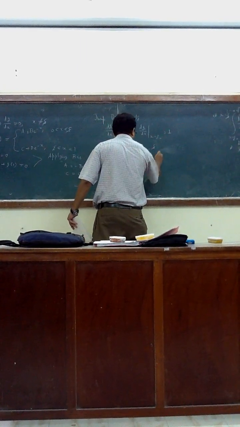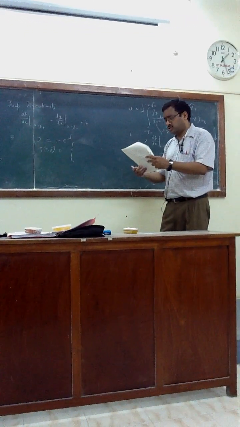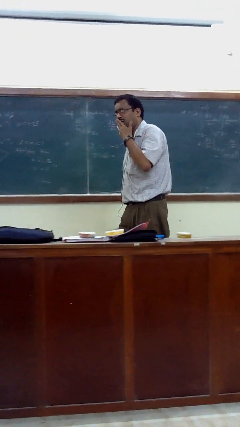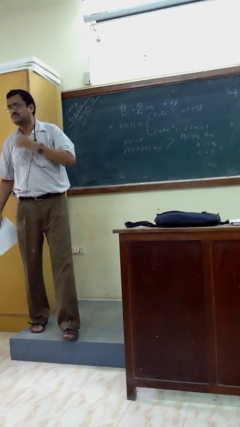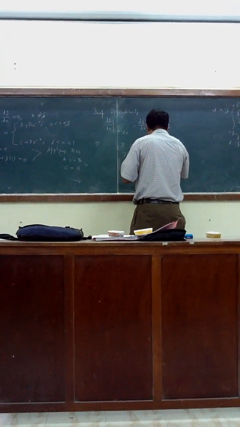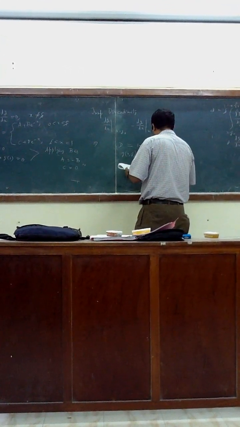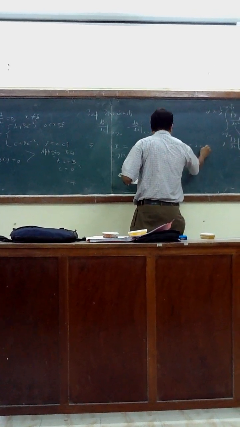G(x) equals minus 1 plus, then it is 0 for x less than z.